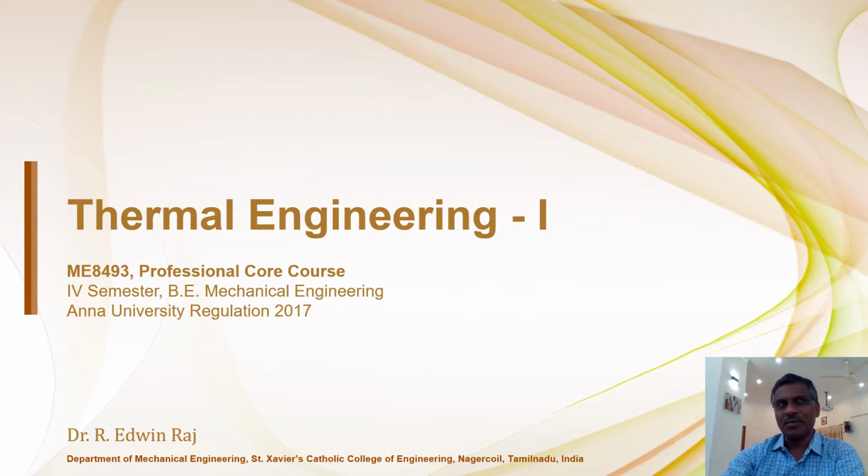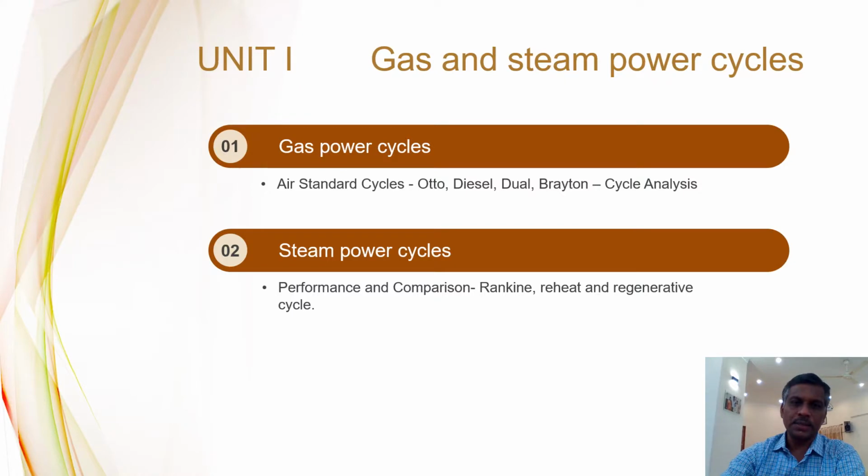As you know, this is a vapor power cycle, and today we'll be dealing with the regenerative Rankine cycle. Already we have seen standard cycles, Otto, Diesel and dual cycles, and in vapor power or steam power cycles, we have already seen Rankine.